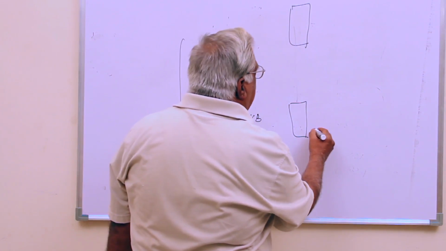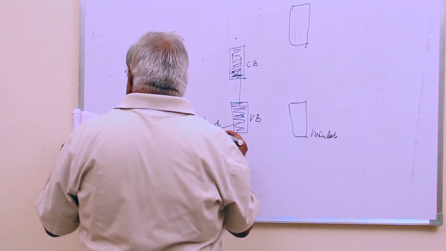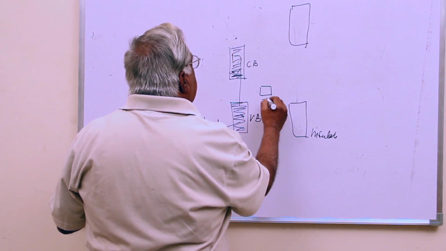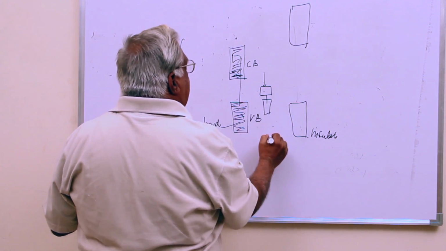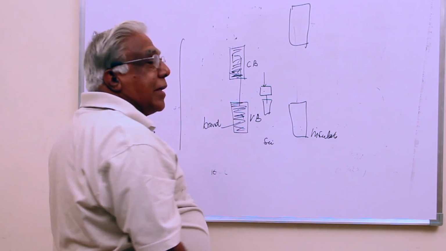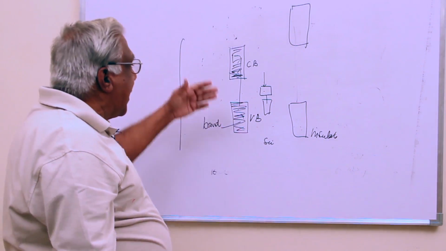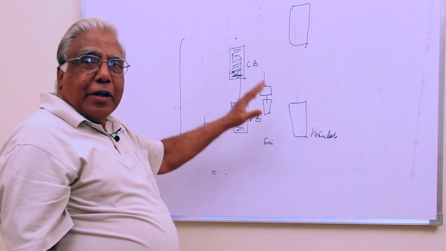Then we call this an insulator. If the energy gap is very small, then electrons can jump, and this acts as what we call a semiconductor. So the ability of a substance to behave as a conductor, semiconductor or insulator is explained by this theory.